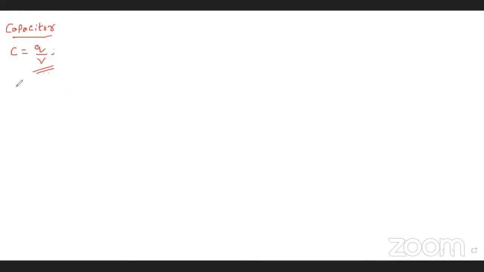Now, if I give the parallel plate capacitor like this, separation is D, area is A. Now this is air medium. What is the formula for the capacitance of a parallel plate capacitor? A epsilon naught by D is the capacitance of the parallel plate capacitor.